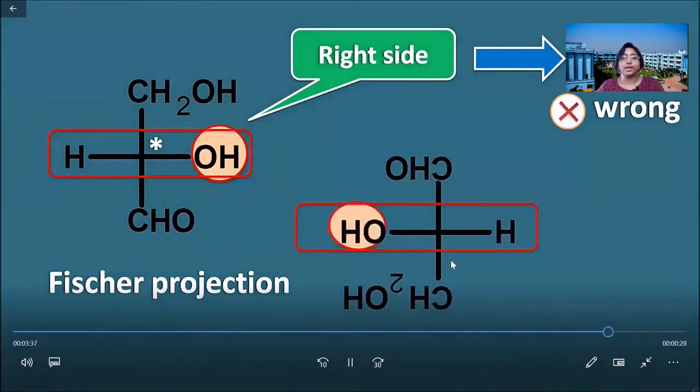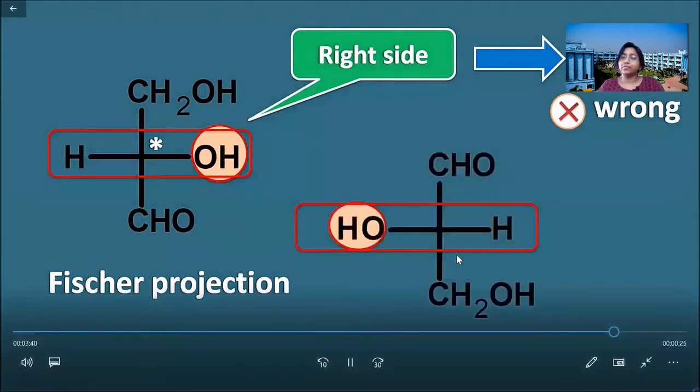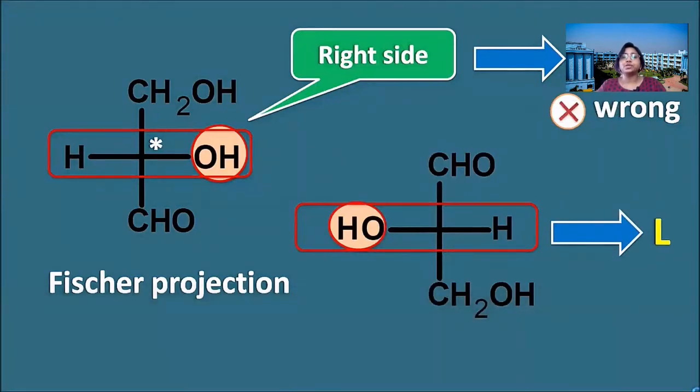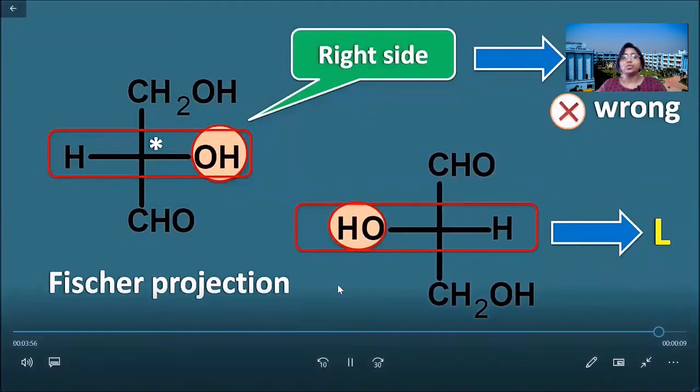Now as per the configuration, it is at the left side. So basically it is L configuration. In this way, we have to look at the different types of projection, that is representation. Then we can determine which one is D configuration and which one is L configuration.